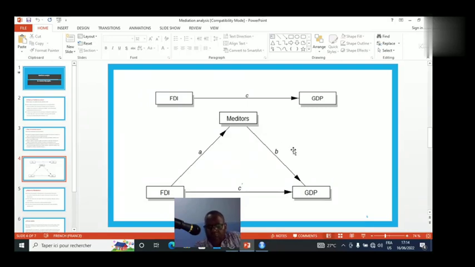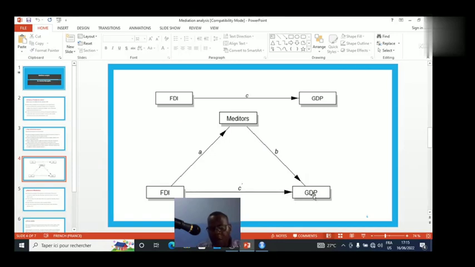The third step is that the mediator variable, as we will use exports, must be related to the dependent variable GDP. Now, when you are controlling for the effect of the mediator variable, the relation between FDI and the GDP will be reduced.